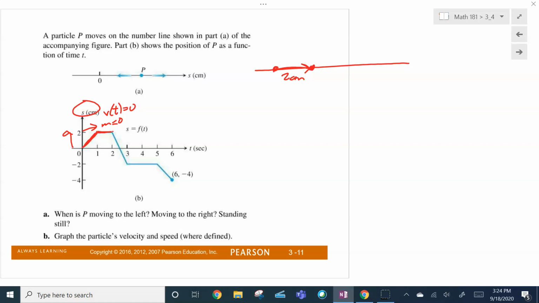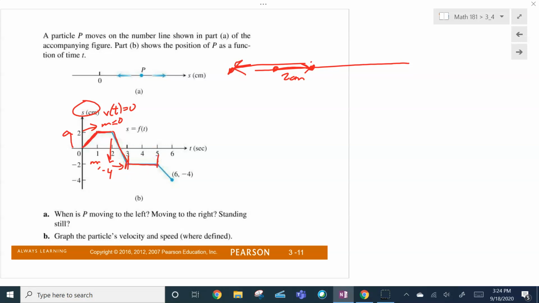And now what's the slope here? Now we went down 4, right 1. Slope here is -4. So now I'm going backwards at 4 centimeters per second, right? And then the slope's 0, so then it just stops again for 2 seconds between the 3rd and the 5th second.